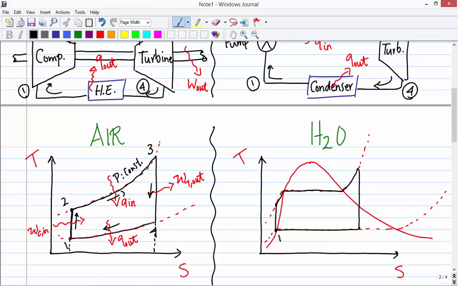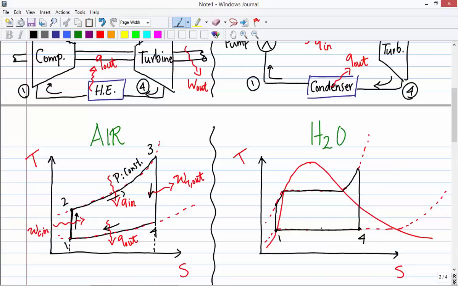So here's point one, and point four might be anywhere on this line, which is a mixture of vapor and liquid, right? We don't know anything about point four. It's always a question, a mystery that we need to discover in our solutions. Since a phase change process is happening in the condenser, we know that in a phase change process temperature is constant.